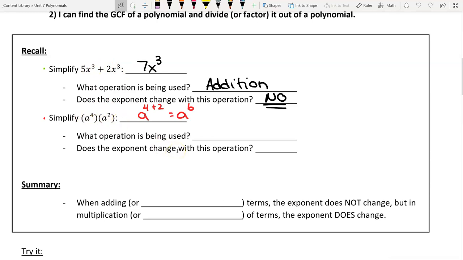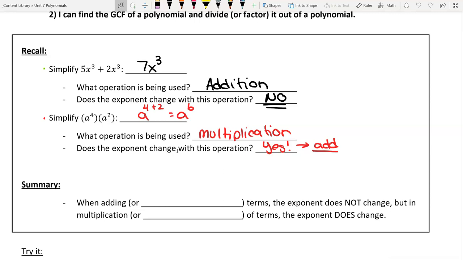So just to put that in words, when we're multiplying 2 different things, does the exponent change? Yes, it does here, and we added them. Okay, so we're going to do a lot of adding exponents today. Got to remember that from last unit. So I will remind you as we go. Okay, so summary, just to kind of put it in words here.